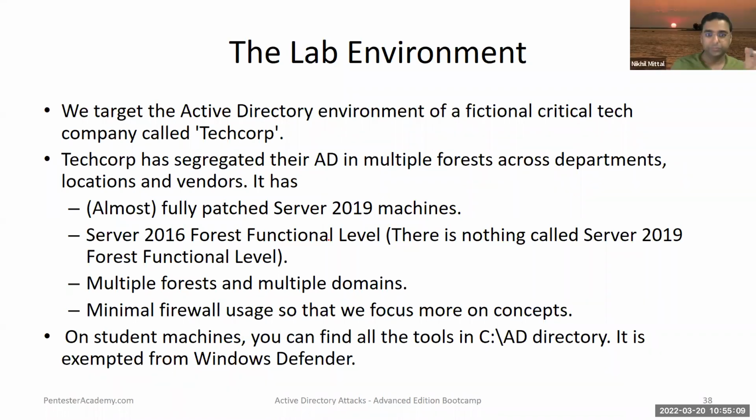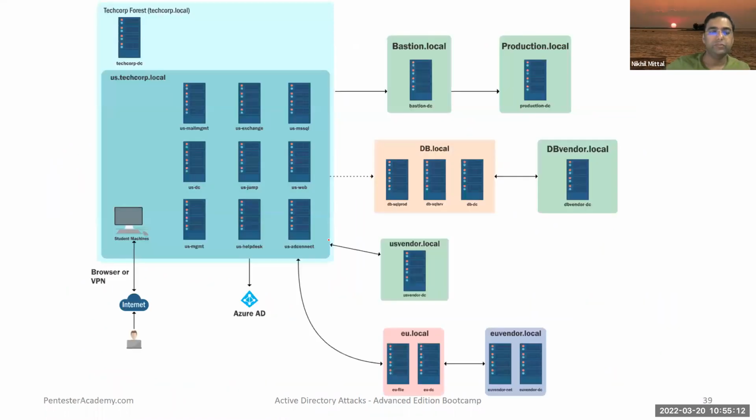All right. This is what the lab environment looks like. We would land here on student machines as a normal domain user. That machine is a part of a domain called us.techcorp.local. There are multiple machines in this domain, which is, of course, a part of the techcorp.local forest.